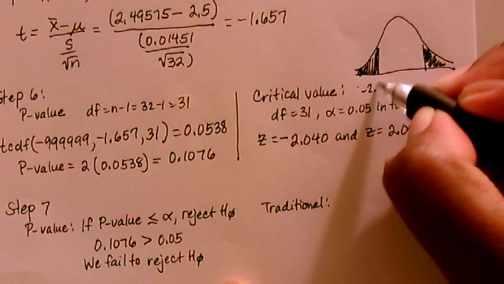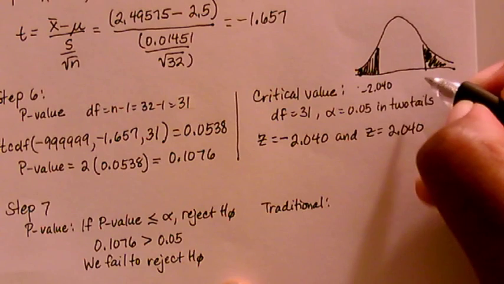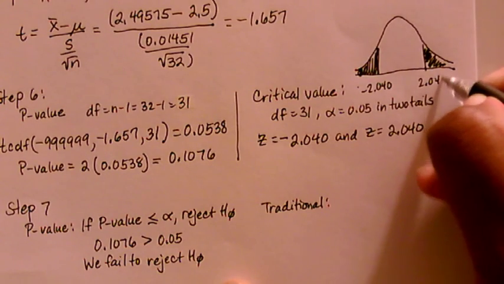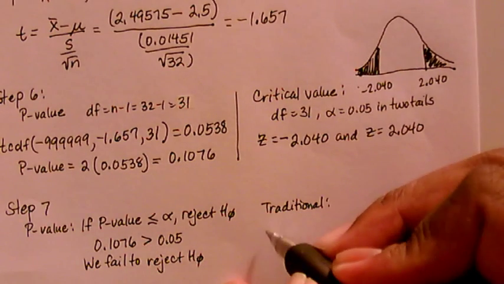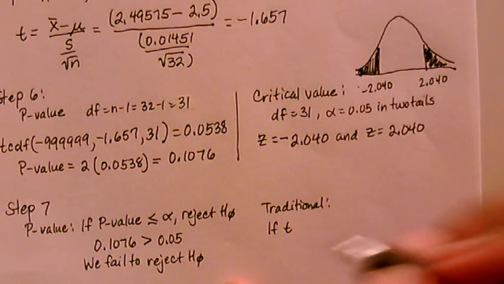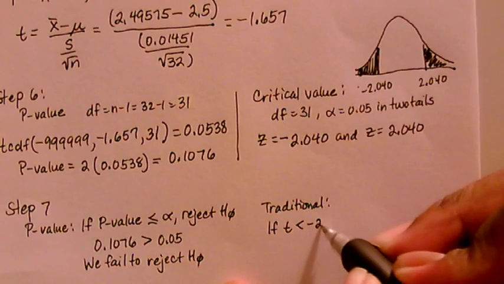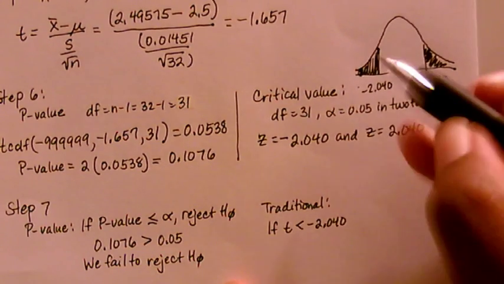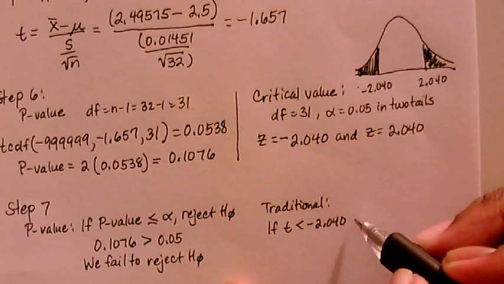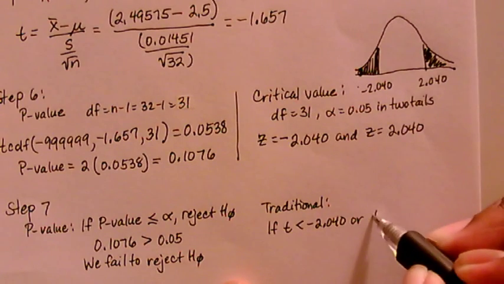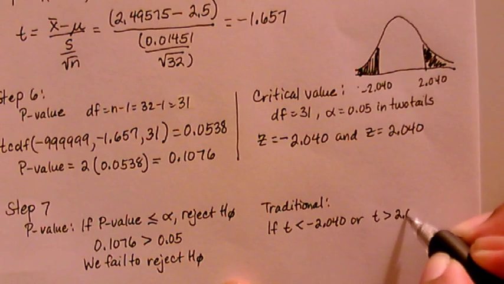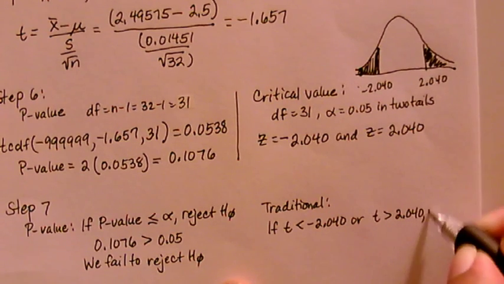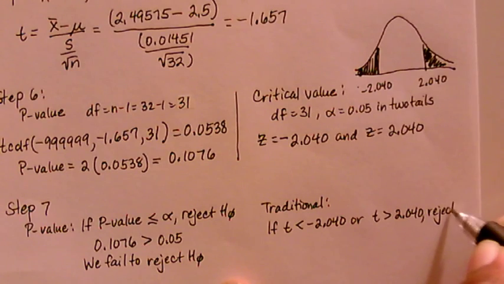And then you have negative 2.040 and a positive 2.040. So that means this: if your test statistic is less than negative 2.040, that's this area shaded to the left, or if the test statistic is to the right, meaning greater than 2.040, you reject the null.